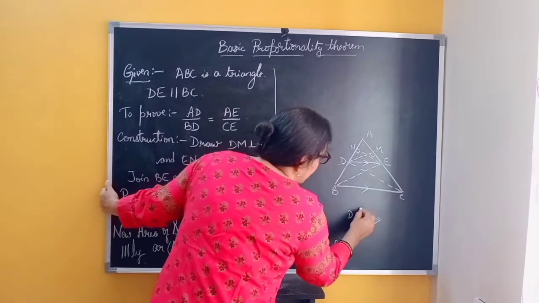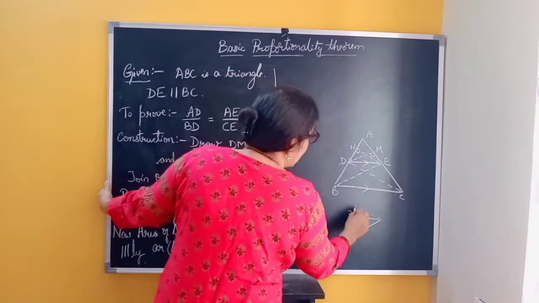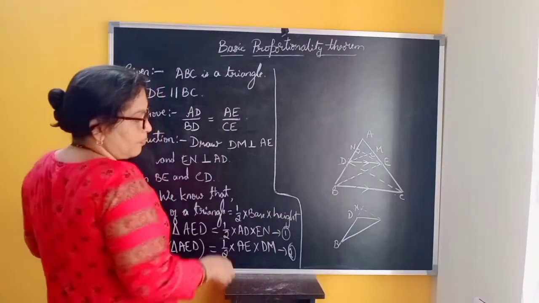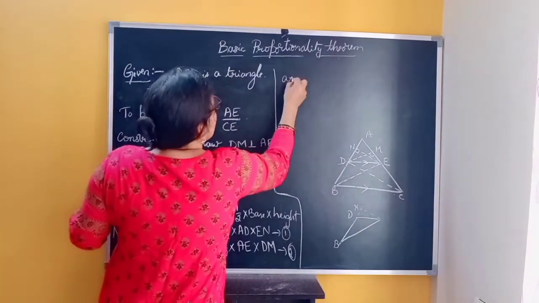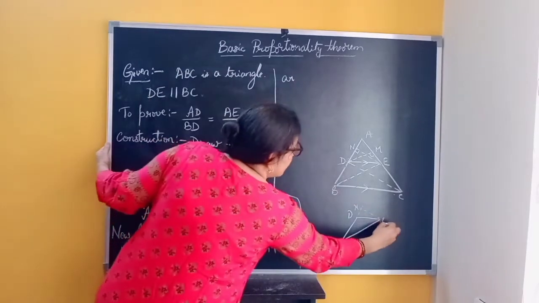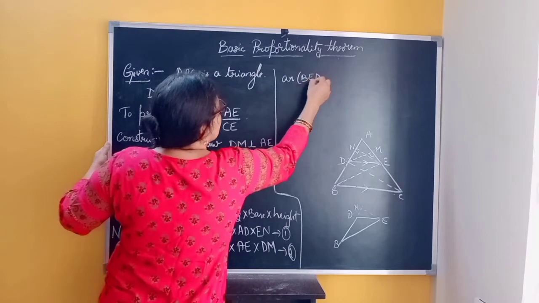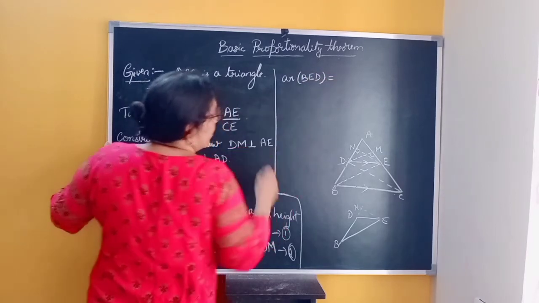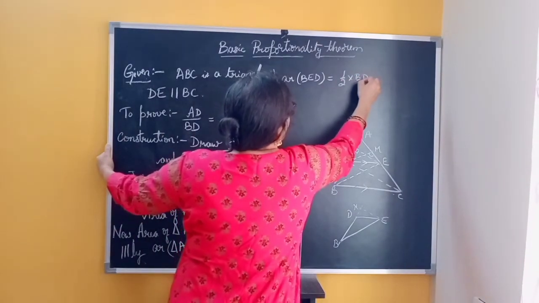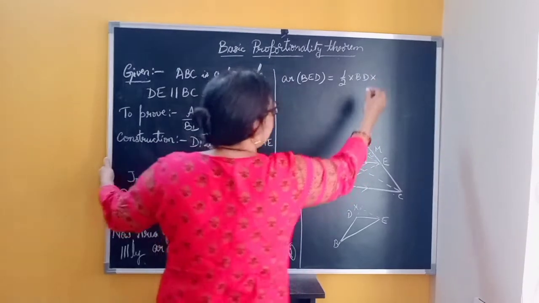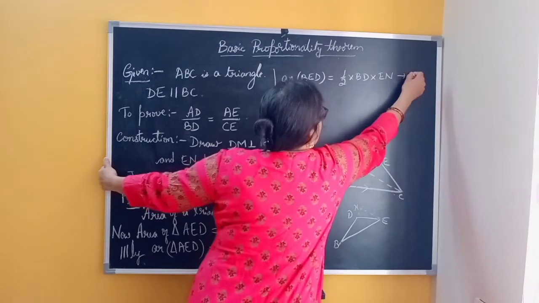The height is drawn to the extended part here. EN is the height or perpendicular. So, let us use the same formula here also. Area of triangle BED is equal to half into BD into height EN. We consider this as equation 3.